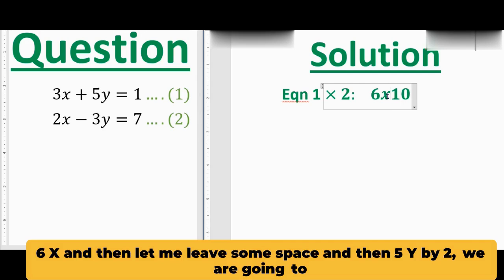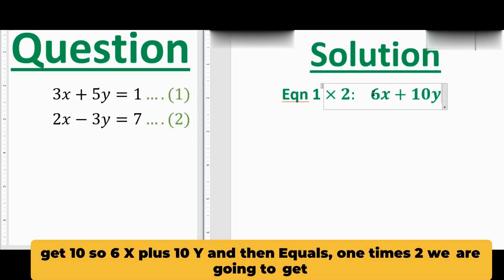And then let me leave some space. And then 5y by 2, we are going to get 10y. So 6x plus 10y, and then equals 1 times 2.